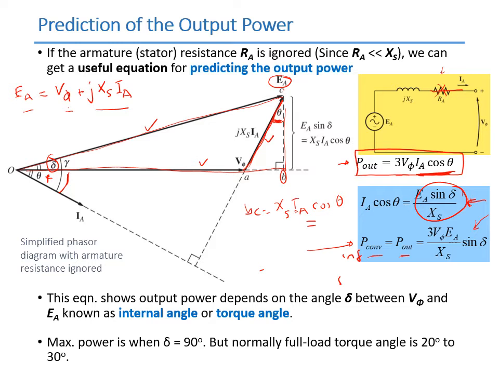Theoretically, the maximum power is reached if delta is equal to 90 degrees, so sine delta gives you 1, and it gives the maximum power of 3 V pi EA over XS. However, in reality, the manufacturers will specify that the full load torque angle is only between 20 degrees and 30 degrees.